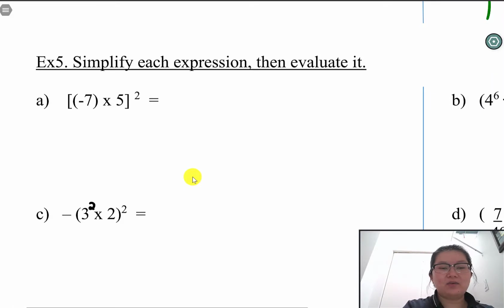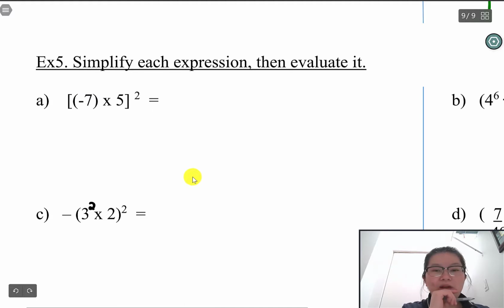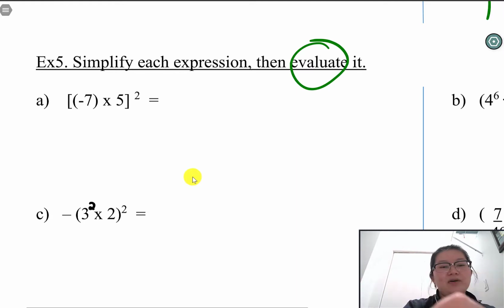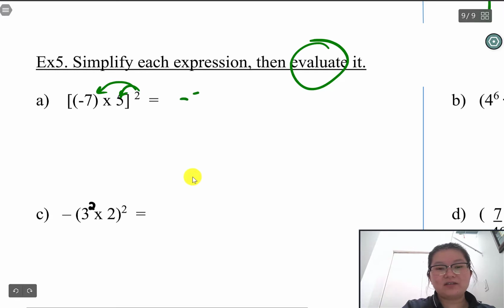A, oh yes, we have to simplify. We have to apply the exponent law first, and then we evaluate afterwards. So again, this is multiplying -7 times 5. We'll apply the 2 to the -7 and the 5. This is going to give us -7 to the power of 2 times 5 to the power of 2.